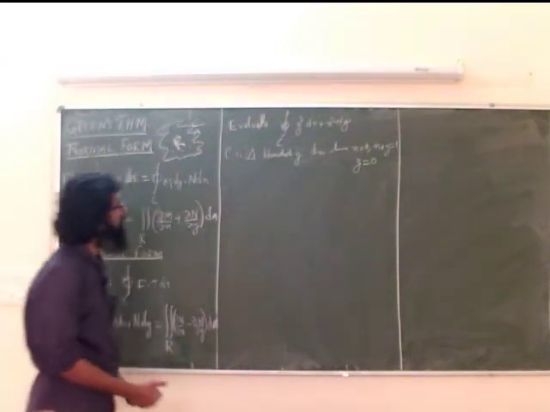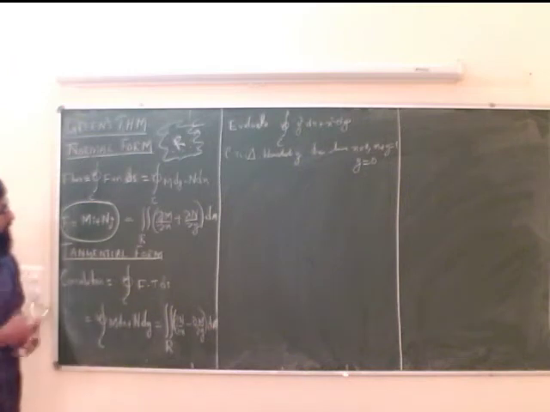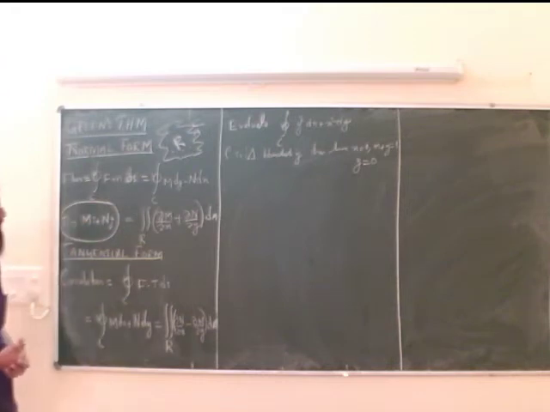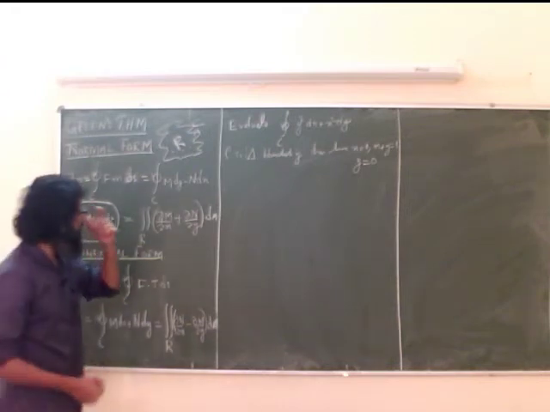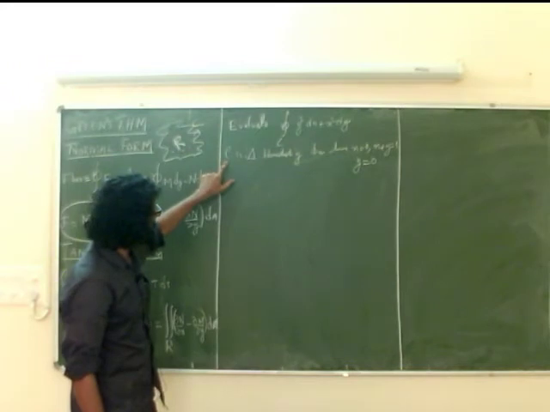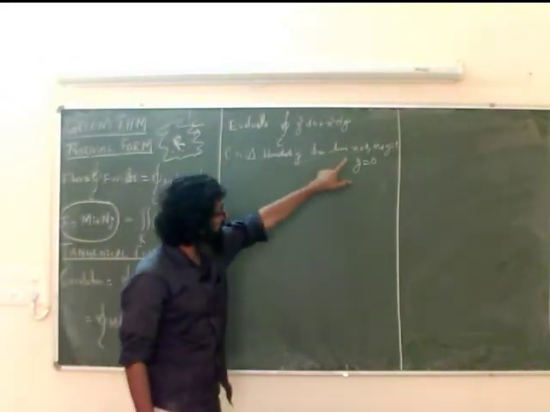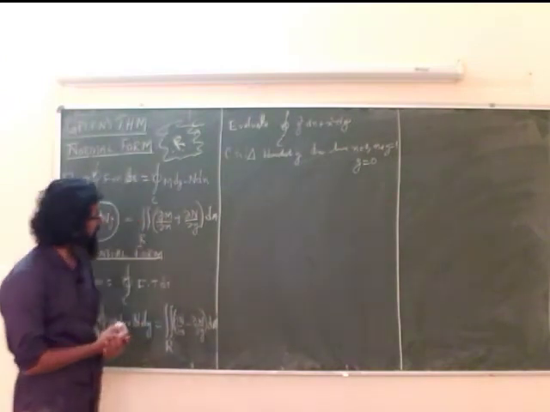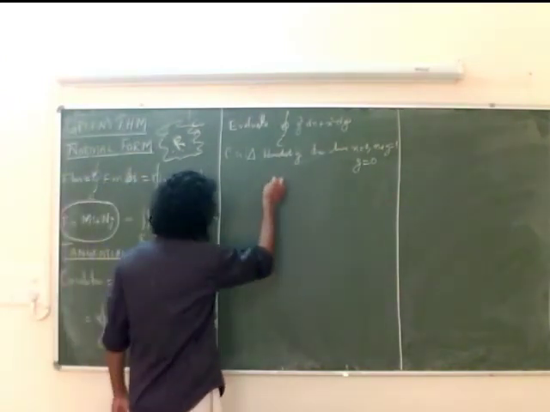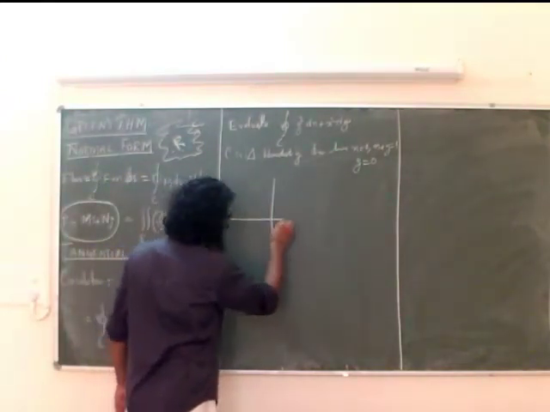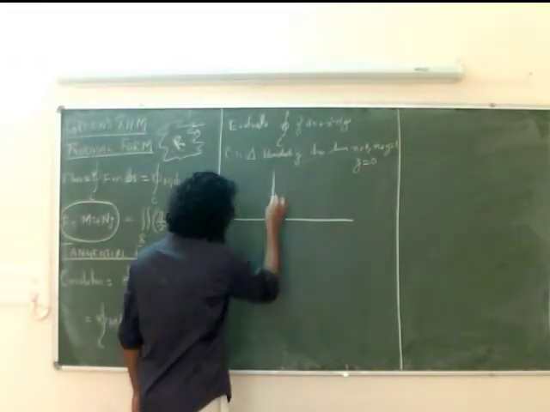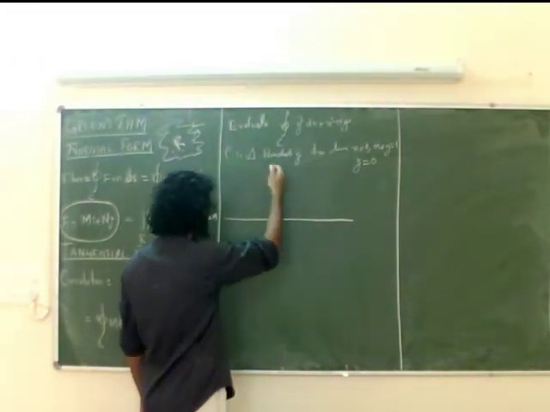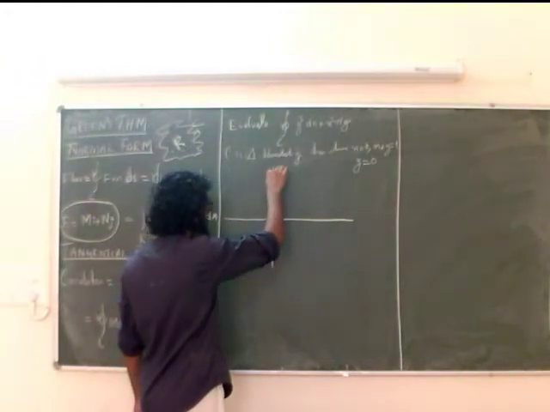So let us see how I can make use of Green's theorem, both the forms, to evaluate an integral of that form. Let us think of the closed curve C first. There is a triangle bounded by the lines x equal to 0, x plus y equal to 1 and y equal to 0. So let us see first what the curve is.